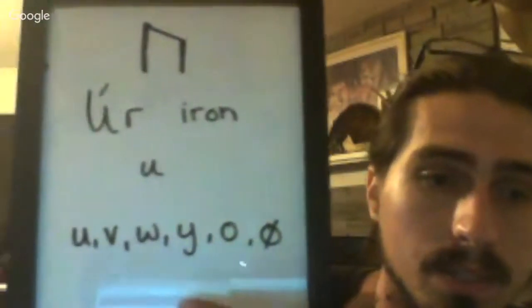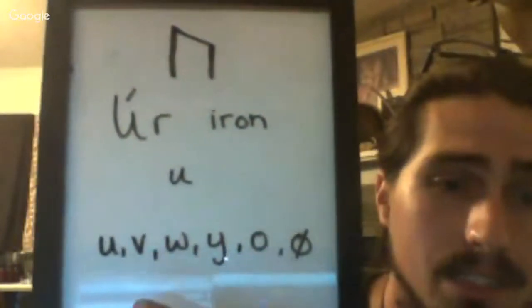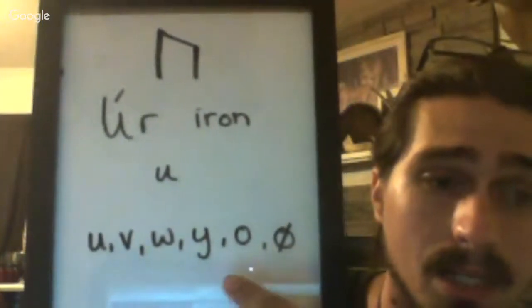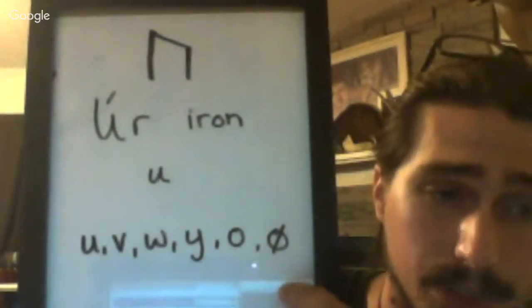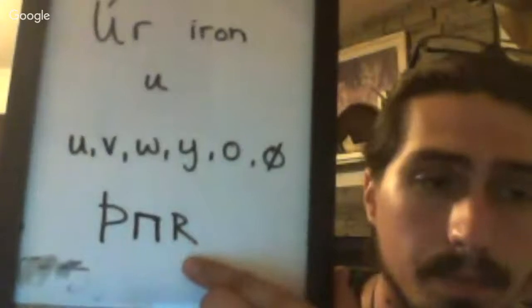It's transcribed as a U, but it can be realized as a U, a V, a W, a Y, an O, or an O slash. So, an example that everyone will be at least somewhat familiar with is Thor.